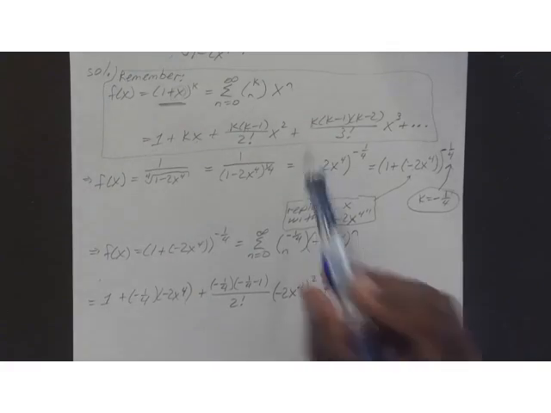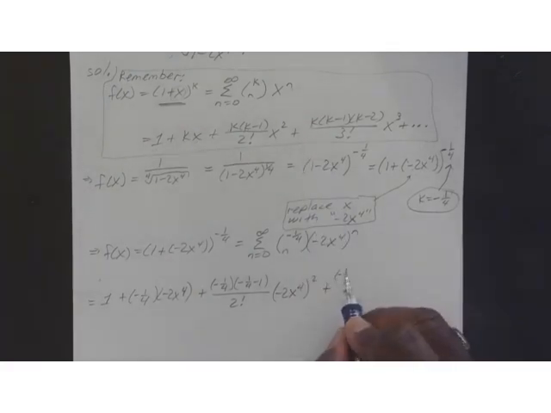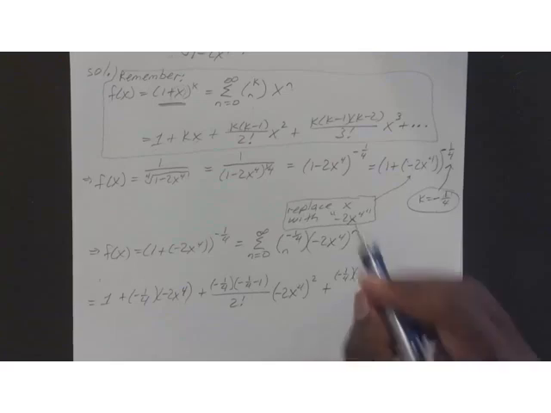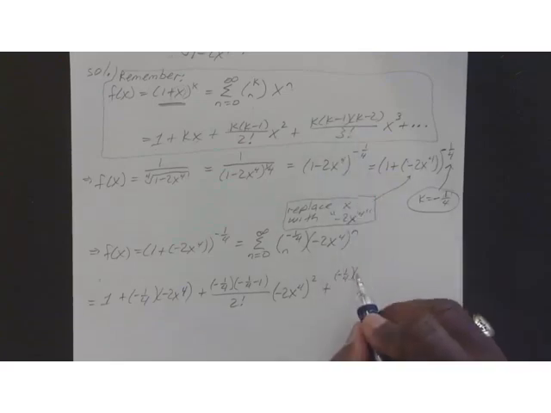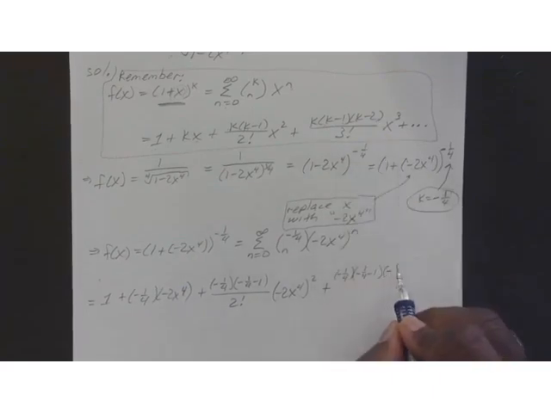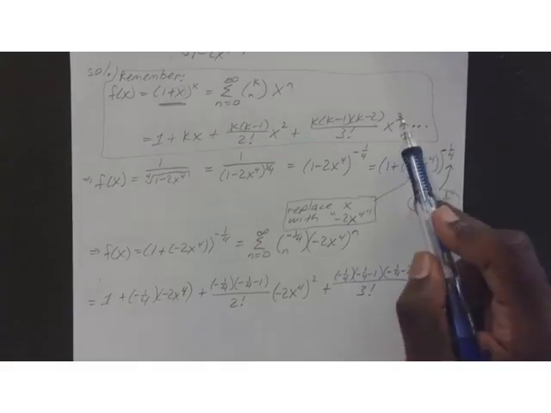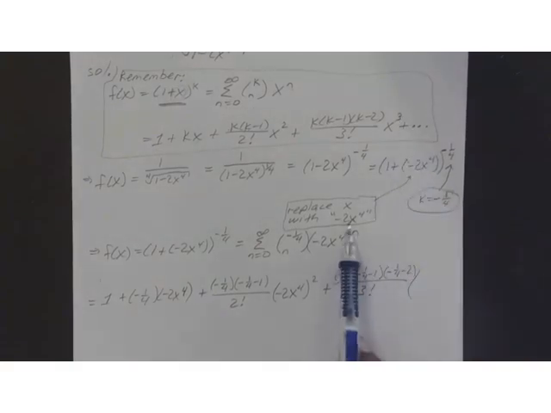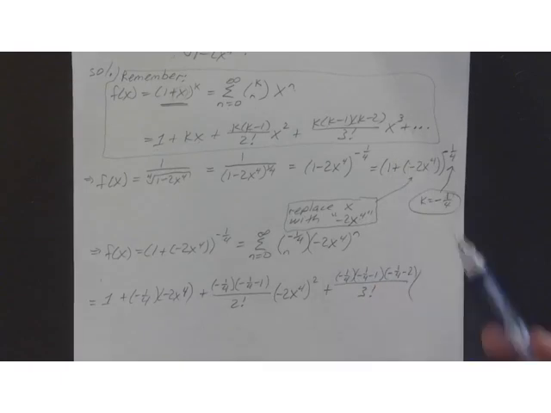Plus, we have k, which is negative 1/4, times k minus 1, so negative 1/4 minus 1, times k minus 2, so negative 1/4 minus 2, divided by 3 factorial. And instead of x to the 3rd power, we're going to have negative 2x to the 4th power to the 3rd power.